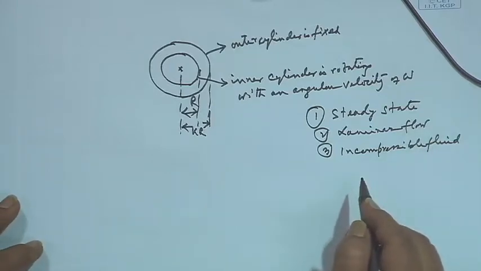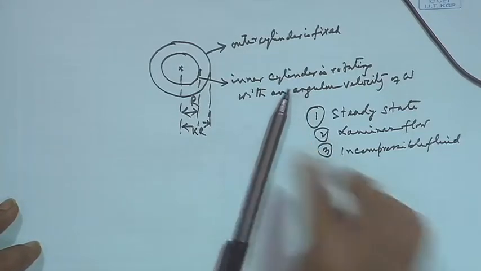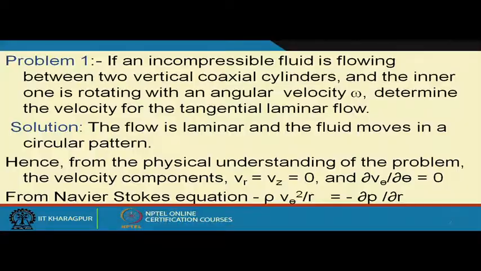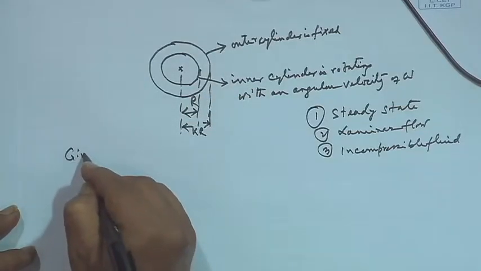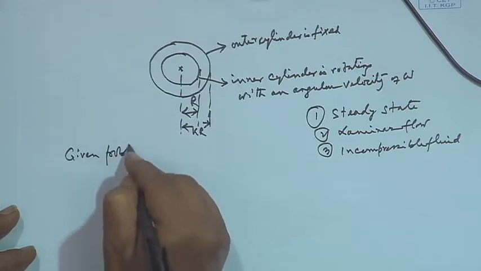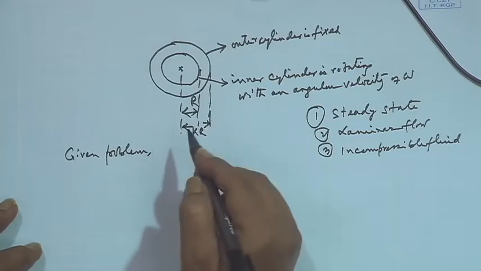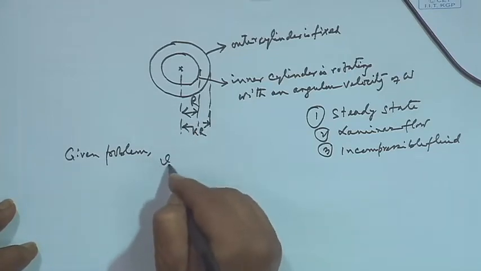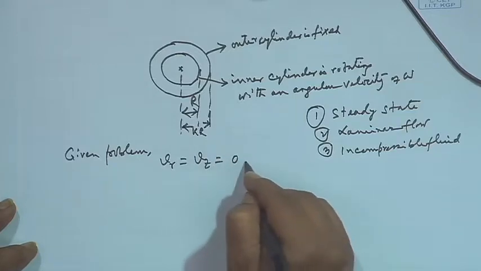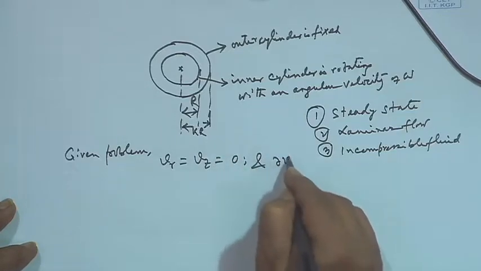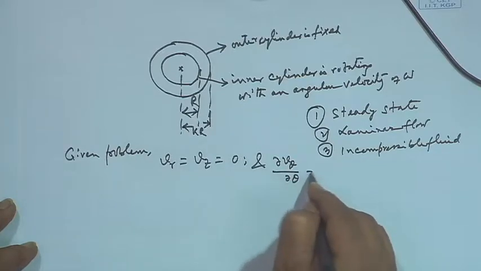So, we can write from the Navier Stokes equation, the same as earlier, from the given problem, by physical understanding of the problem, we can write Vr equals Vz equals 0 and del V theta by del theta is also 0.